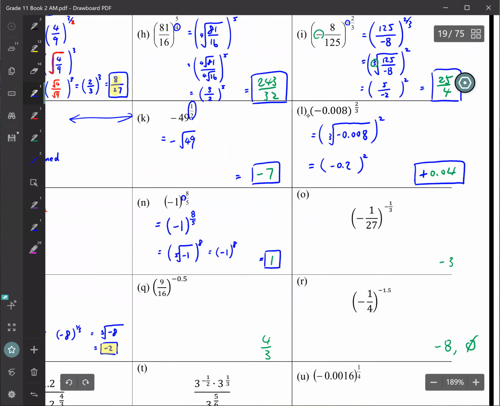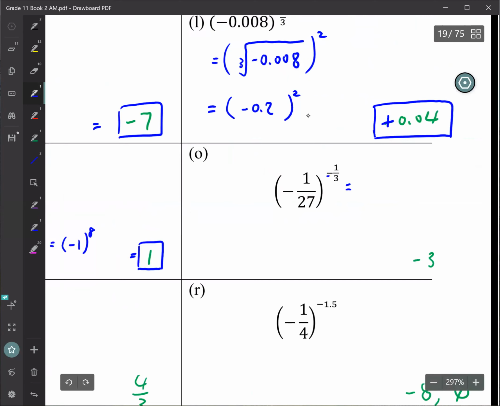Right, question O. Question O, first thing you can do is the flipping, right? And then at the same time, you can bring the negative. Oops. Put the negative with the 27. Okay, it's always the negative you have to watch out for, right?